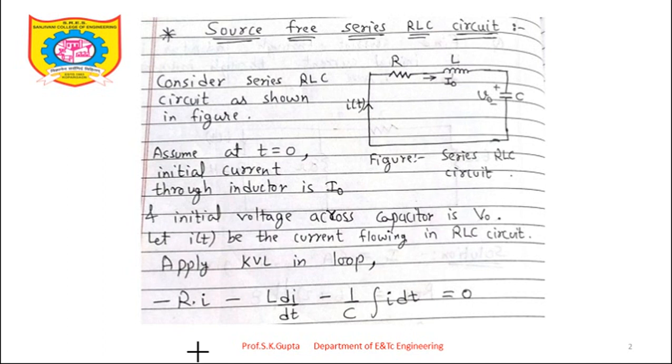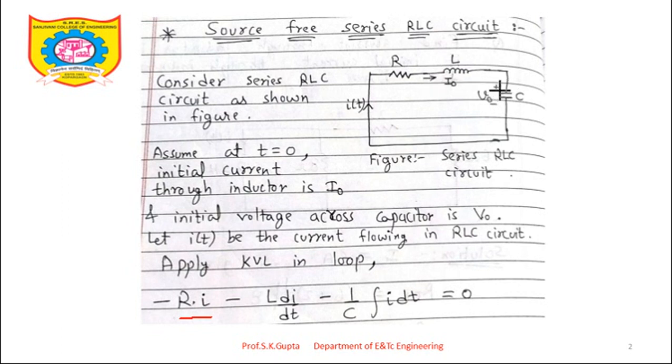Apply KVL in this loop. Voltage across resistor is Ri. As I am going from plus to minus, so minus Ri, minus voltage across inductor which is L di by dt, again with negative sign because I am going from plus to minus.